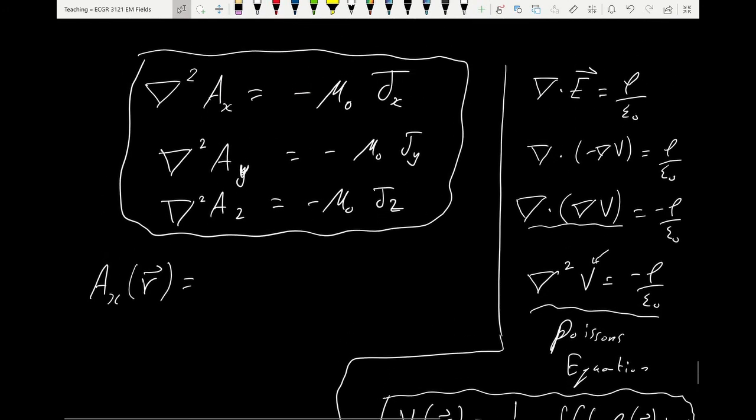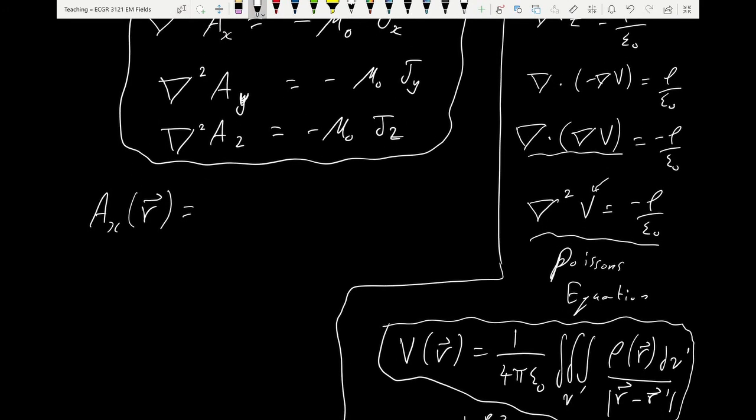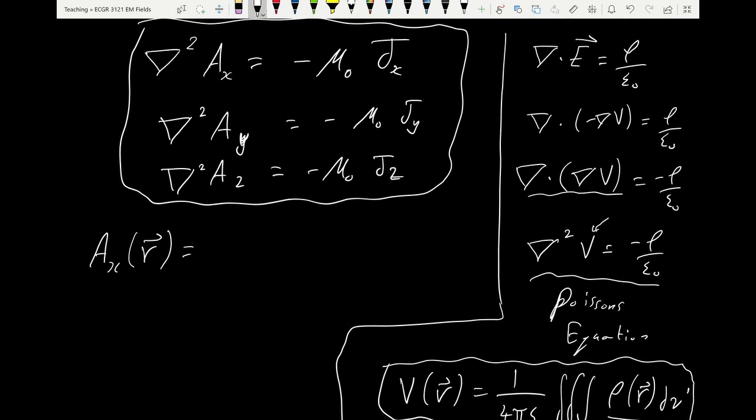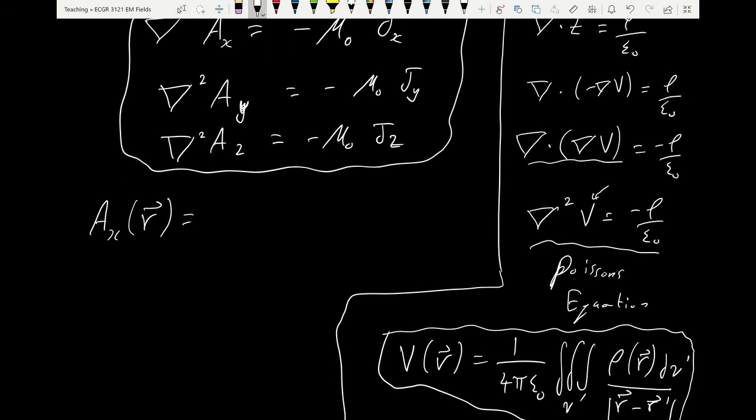Now the difference is, of course, instead of 1 over epsilon, we have mu naught. And instead of minus 1 over epsilon, we have minus mu naught. So wherever we see 1 over epsilon, we substitute mu naught. So here, instead of 1 over epsilon, I have mu naught over 4 pi.